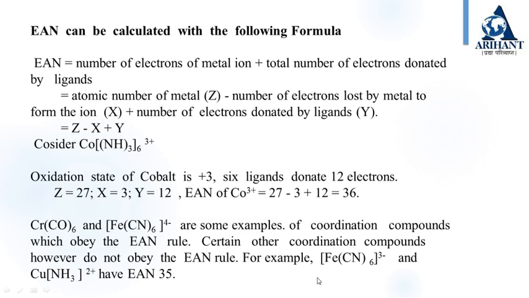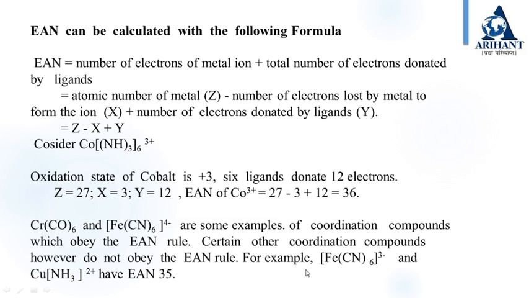X is the number of electrons lost by the metal to form the ion. The charge is given as +3, so X will be 3. Y, the number of electrons donated by ligands, is 12. So EAN for cobalt 3+ is equal to 27 minus 3 plus 12. So it is 36. So the EAN rule is obeyed.